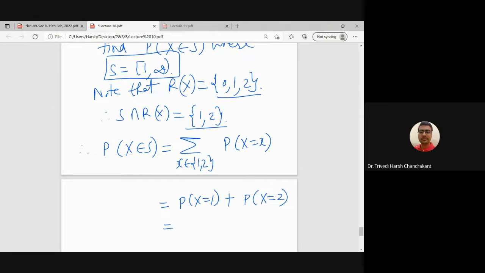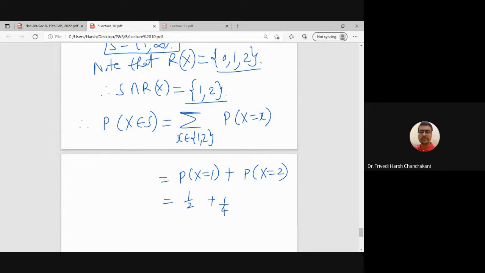So what is the probability of getting one head? So that is half. Getting two heads is 1 out of 4. Getting one head is 2 possibilities, HT and TH. So now this is essentially 3 by 4. So if you take LCM, we get 3 by 4.